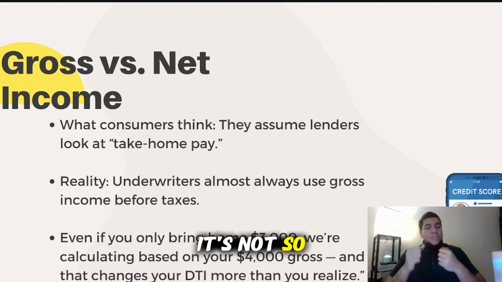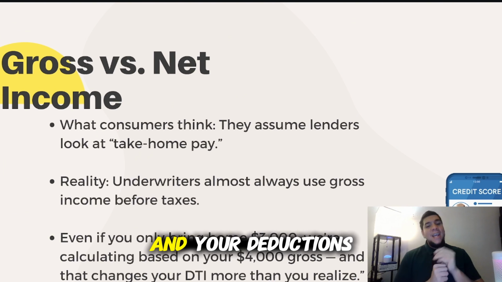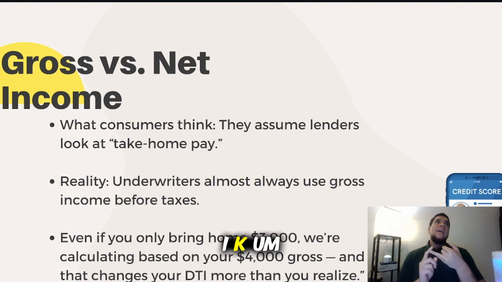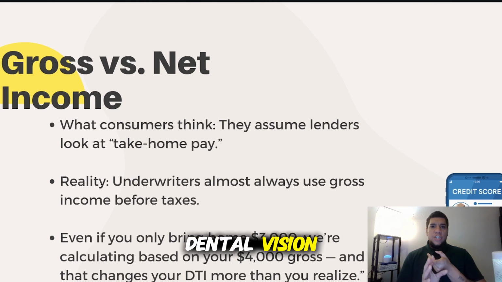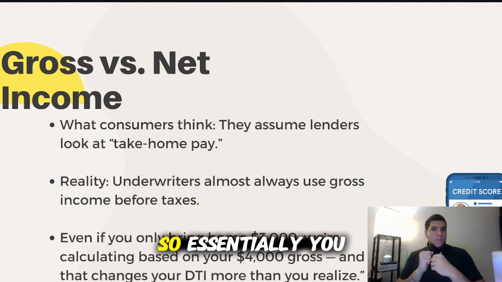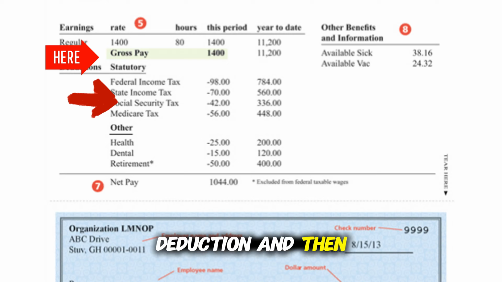No, it's not. Gross is everything you earn before taxes and your deductions are taken out. That means your 401k, maybe your health insurance, dental, vision. That's all under your deductions. Then you have your taxes. So essentially, you have your gross income, your taxes and deductions, and then your net pay.